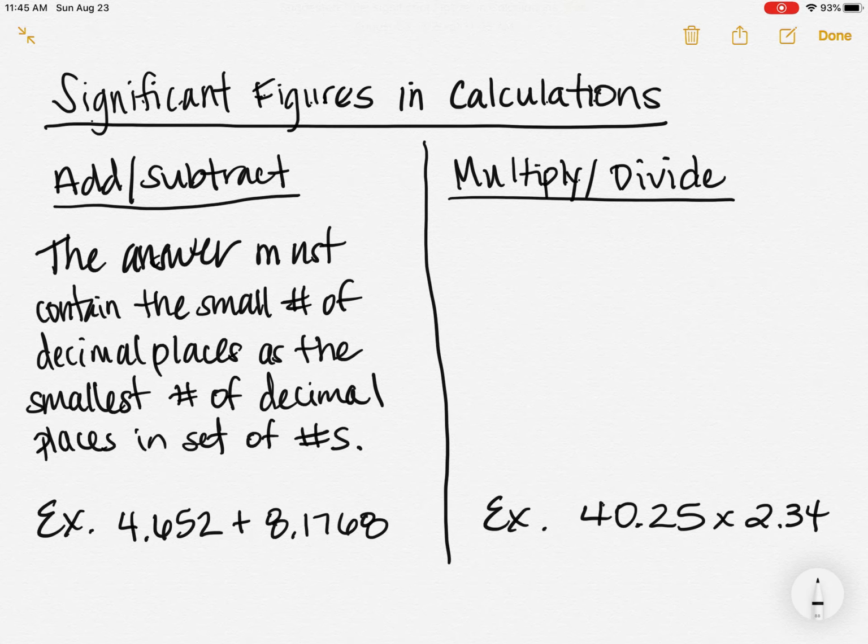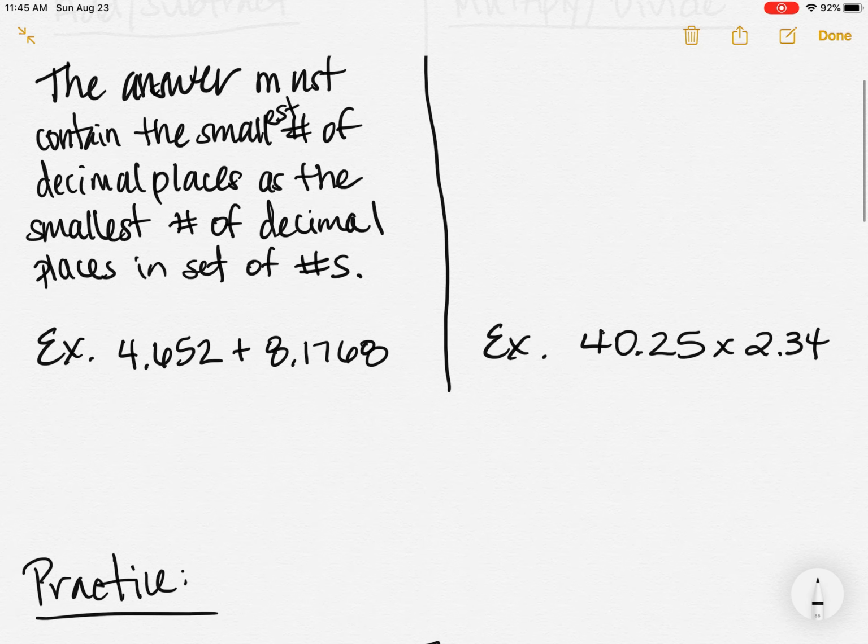This is super wordy. I always have trouble wording that. So it says that the answer must contain the smallest number of decimal places as the smallest number of decimal places in the set of numbers. So what does that mean?